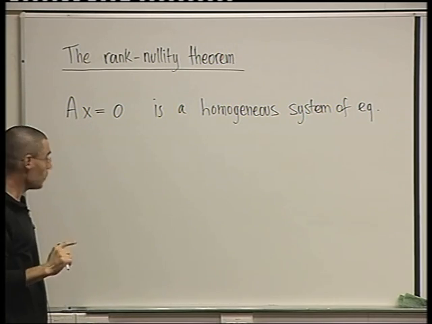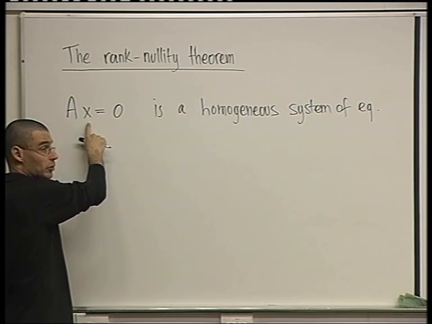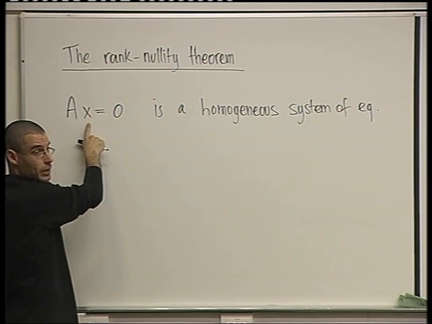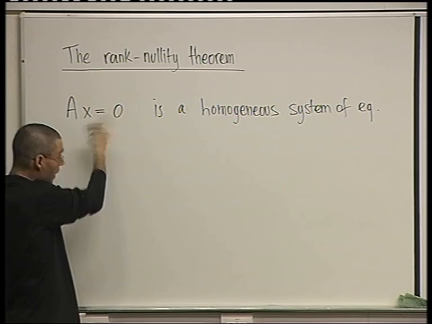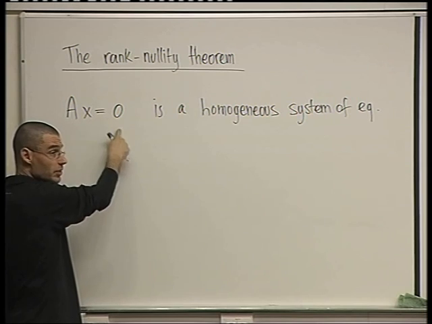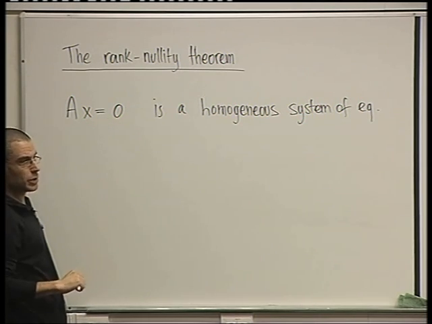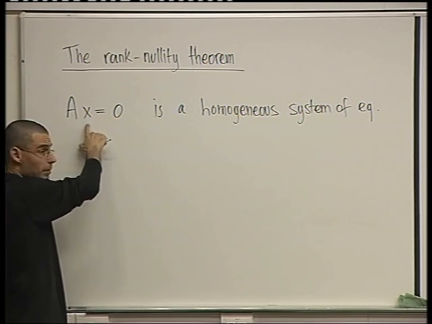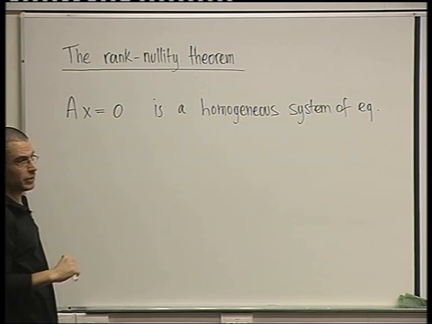The reason for that was that the 0 vector is always a solution, obviously. And in general, if you take two solutions to a homogeneous system and add them, you get a solution. And if you take a solution and multiply it by a scalar, you get a solution.